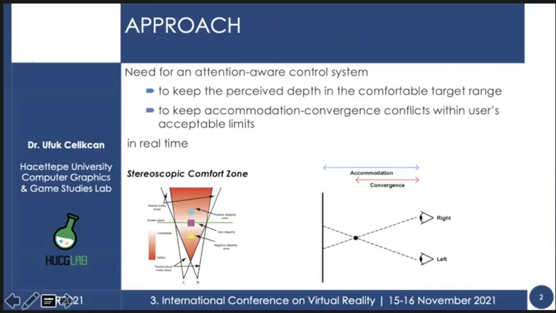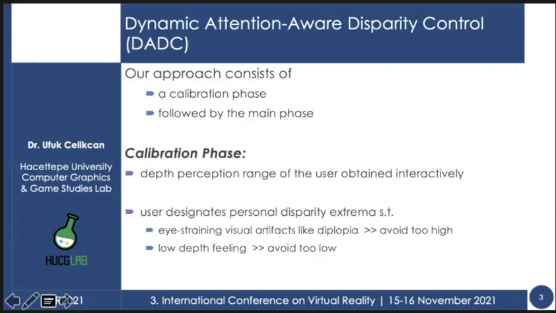In this work, we aim to address the challenges of presenting a comfortable viewing experience in an interactive scene by controlling and limiting target depth range to the personal comfort zone of each individual viewer and eliminating accommodation convergence violations as much as possible. We call our approach Dynamic Attention-Aware Disparity Control, or shortly DADC.